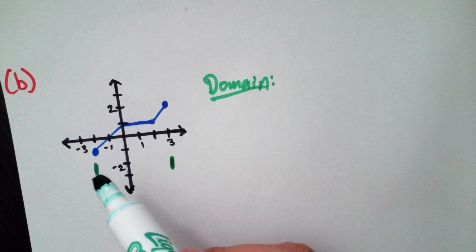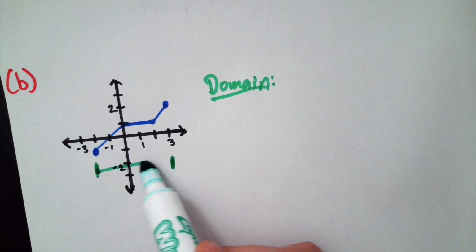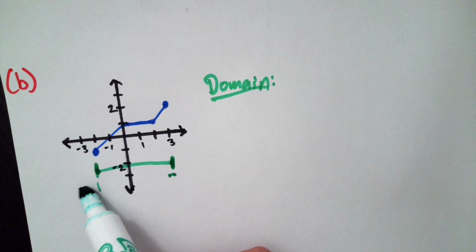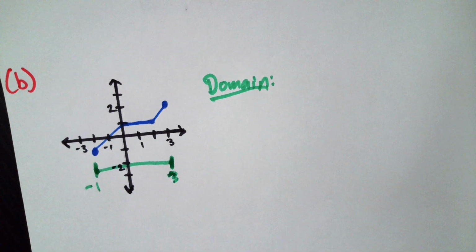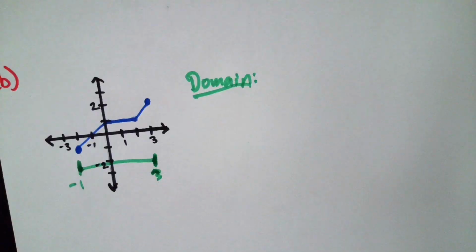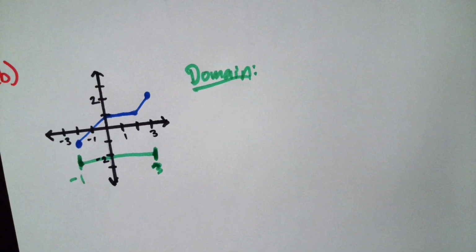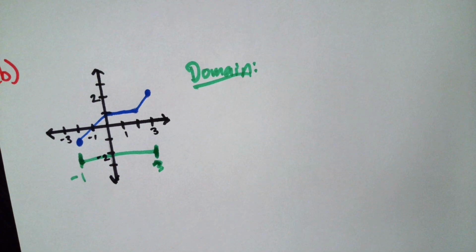So in other words, we have to list all of the numbers between -1 and 3. All of those numbers become part of my domain. And now we can't even finish listing all of the numbers in between of them because we have all these fractions and decimals that are infinite.